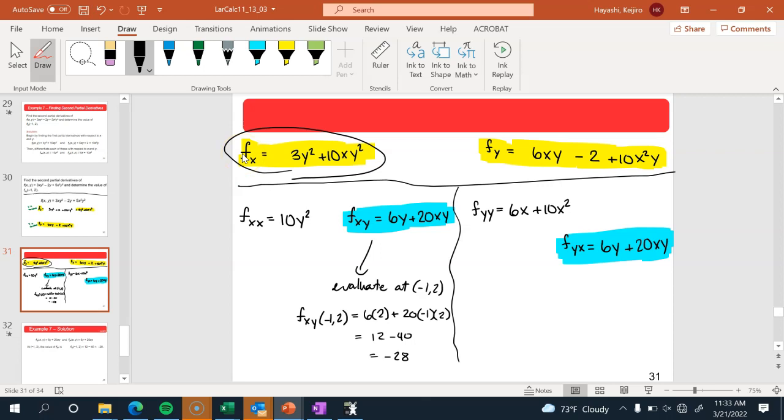In the same way that a surface can have different slopes based on what direction you're taking the derivative in, they can also have different curvatures based on what direction you're taking the derivative in. We'll talk about them later.